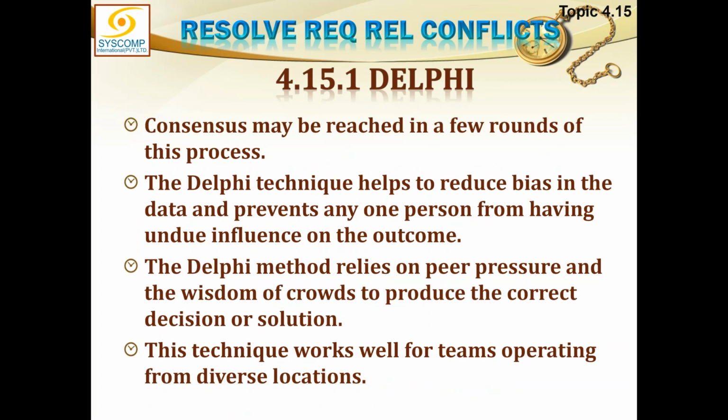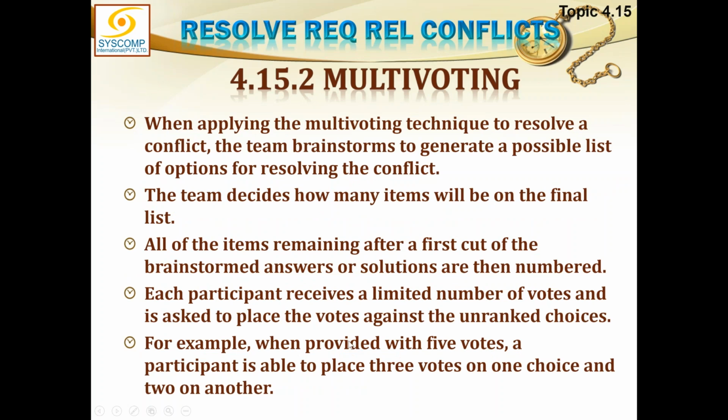The Delphi technique helps to reduce bias in the data and prevents any one person from having undue influence on the outcome. The Delphi method relies on peer pressure and the wisdom of crowds to produce the correct decision or solution. This technique works well for teams organized across diverse locations.